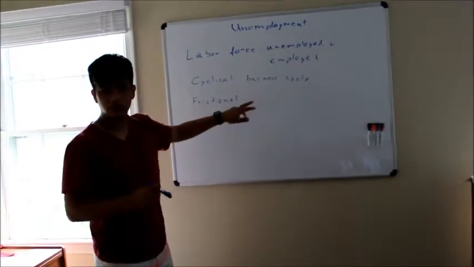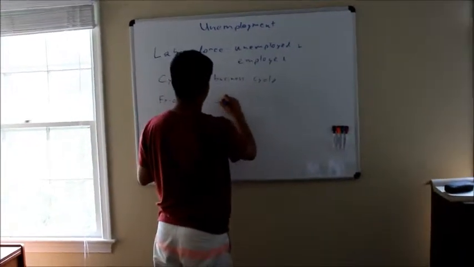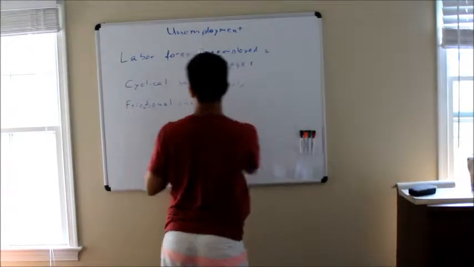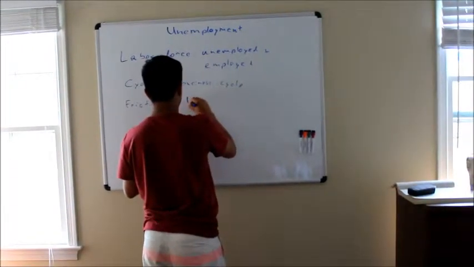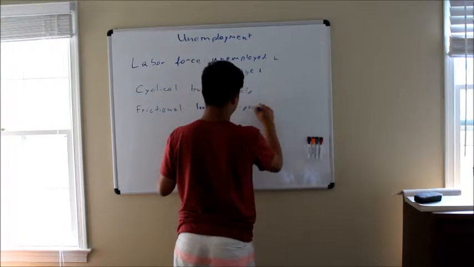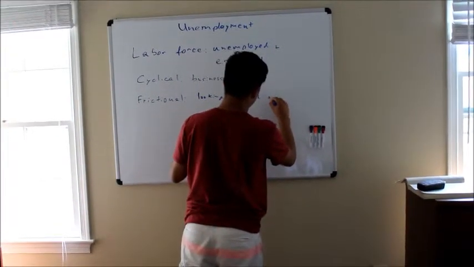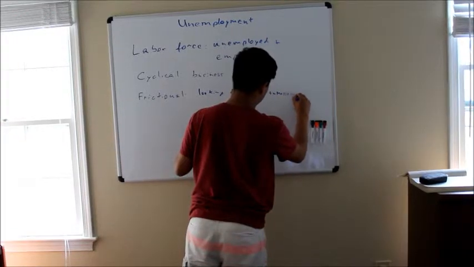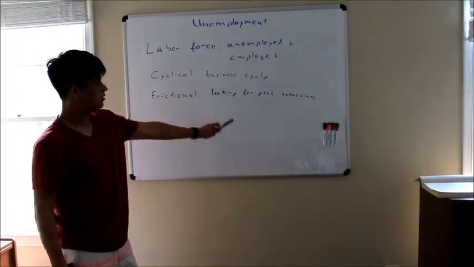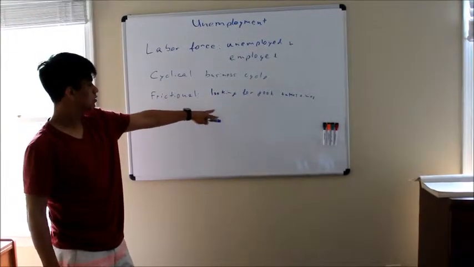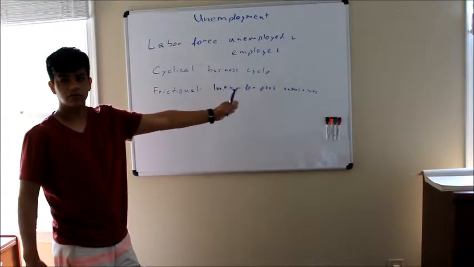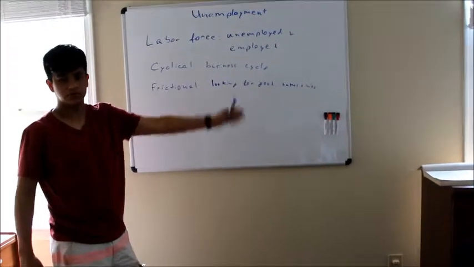So this is called frictional. Another example is that workers are always looking for better jobs, so they're always forgoing jobs to look for better options.